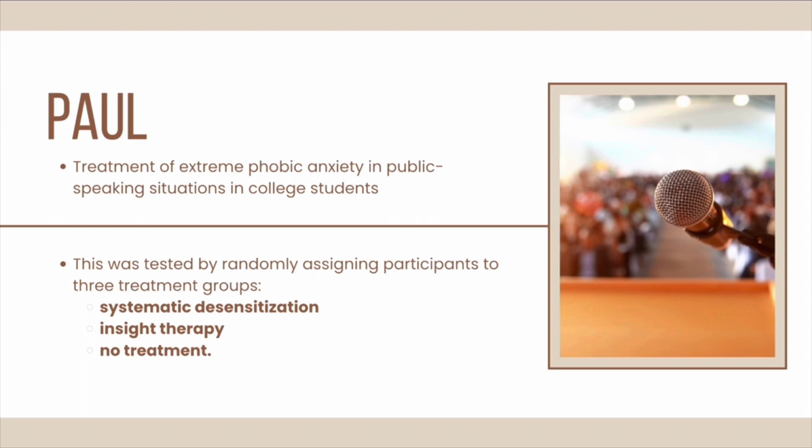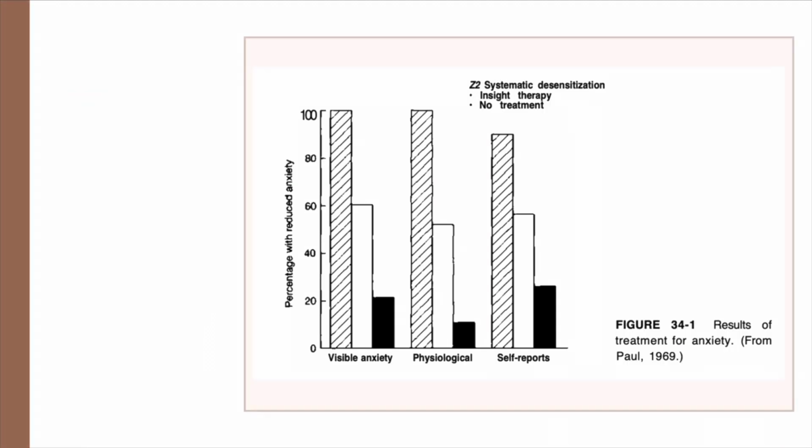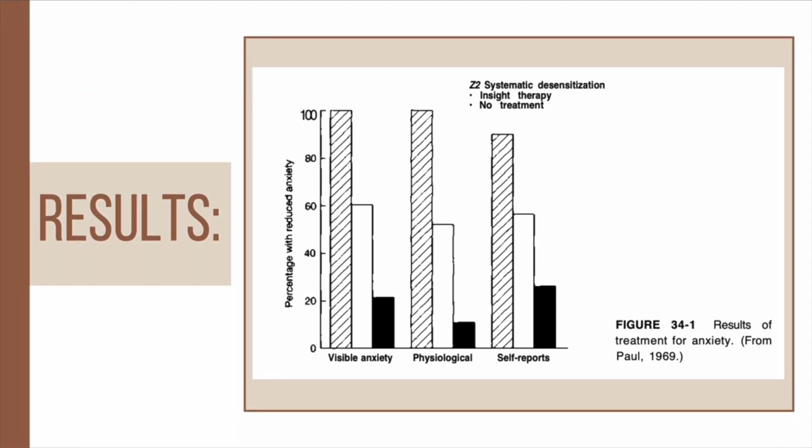Participants were then asked to give a short ad-lib speech to an unfamiliar audience, and their degree of anxiety was measured by observers' ratings, physiological measures, and a self-report questionnaire. Results showed that systematic desensitization was significantly more effective in reducing anxiety on all measures, and improvements are still happening in a 2-year follow-up for 85% of the group.